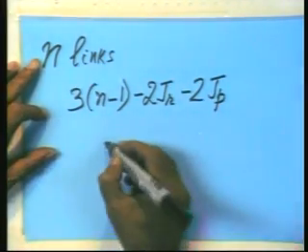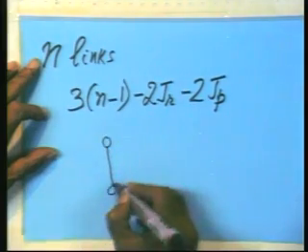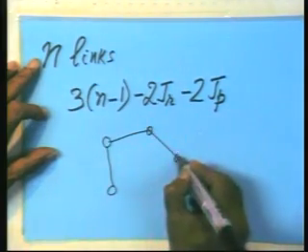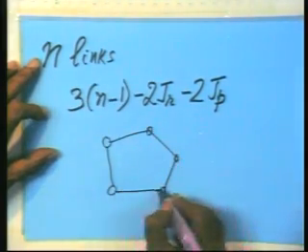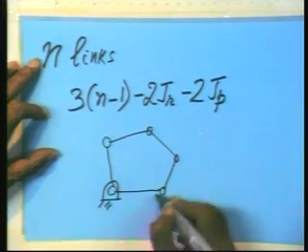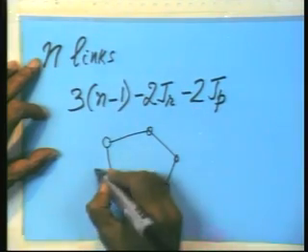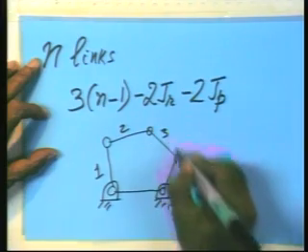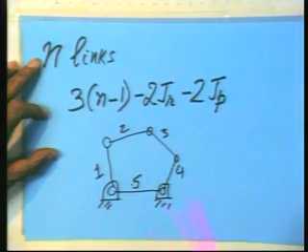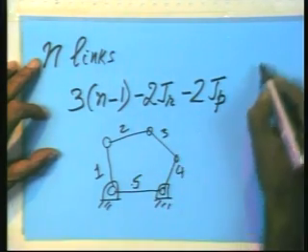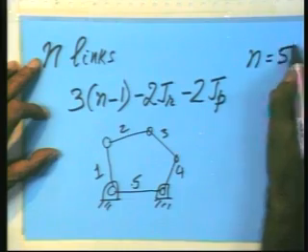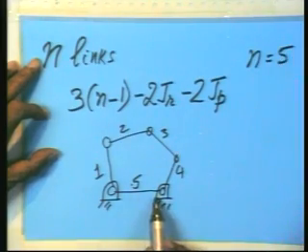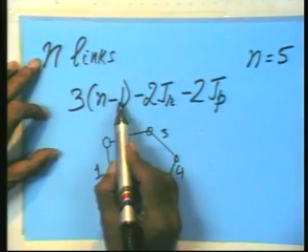Let us apply it to the 5-bar linkage which we had drawn. There are 1, 2, 3, 4, 5 links. One is fixed, so n equal to 5. One of them is fixed, remember that. So that is taken care of by this minus 1.